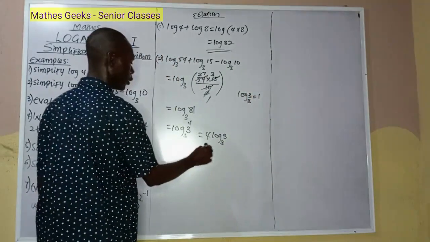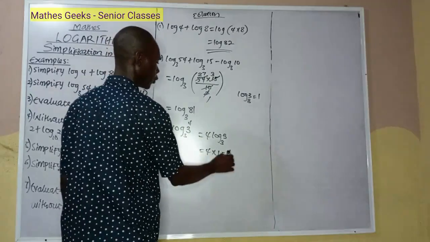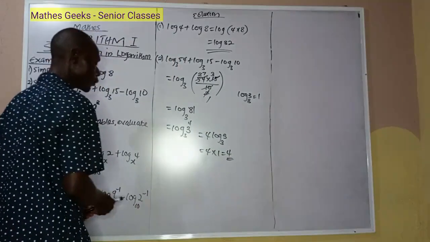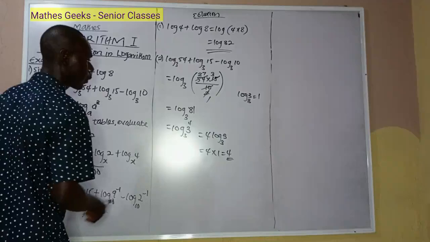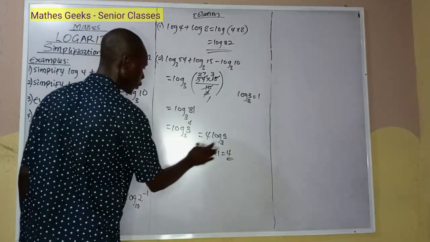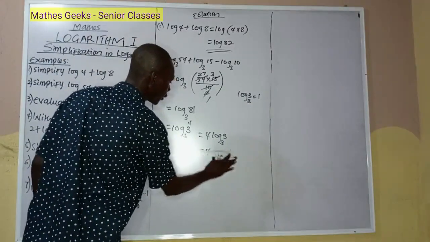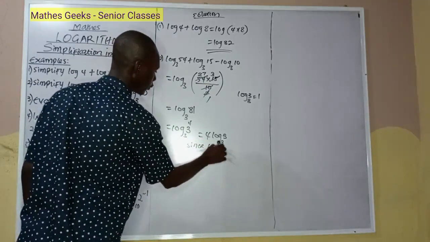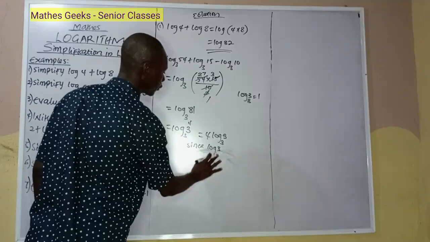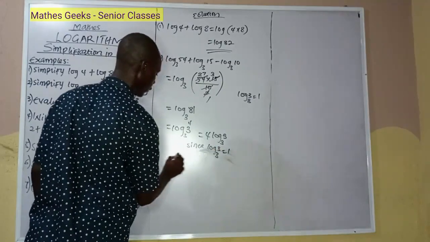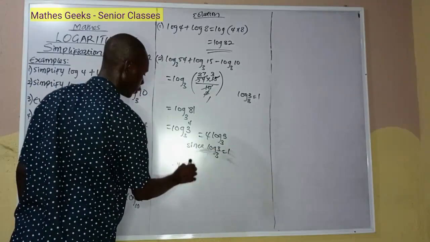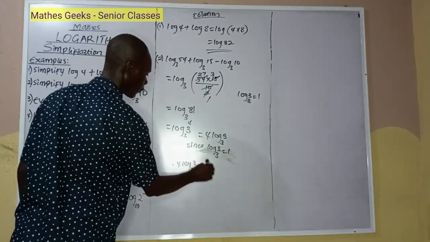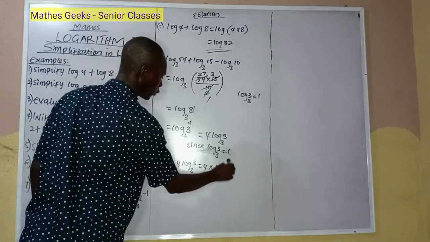So since log 3 to the base 3 is equal to 1, therefore 4 log 3 to the base 3 is equal to 4 times 1, which is equal to 4.